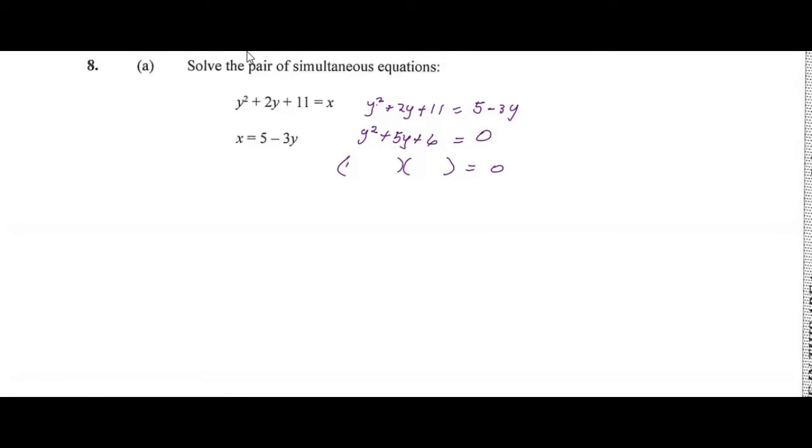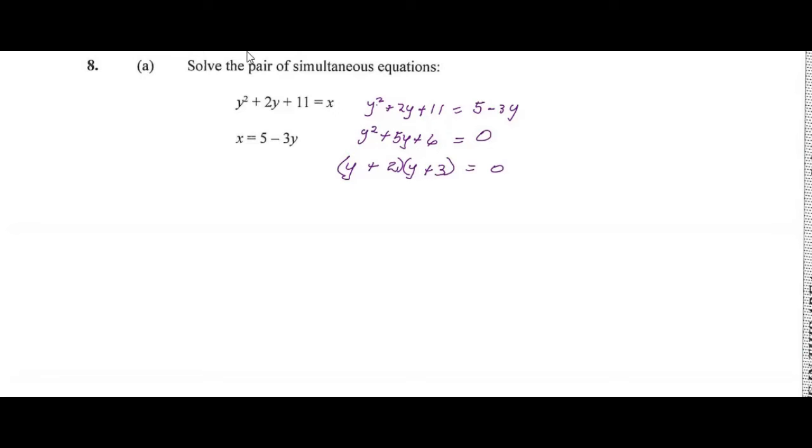Y squared, you must have a y in one bracket and a y in the other bracket. These two terms are positive, therefore both brackets must have positive signs in them. The factors of 6 that give you positive 5 must be positive 2 and positive 3.